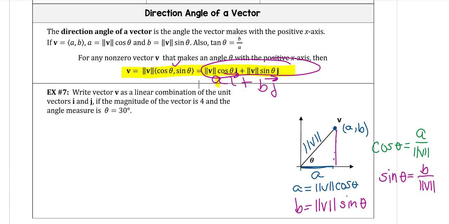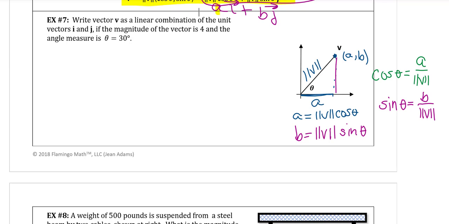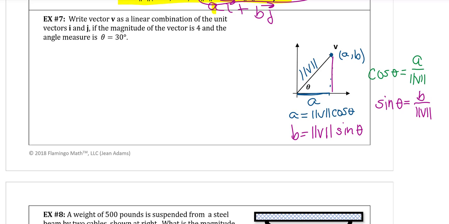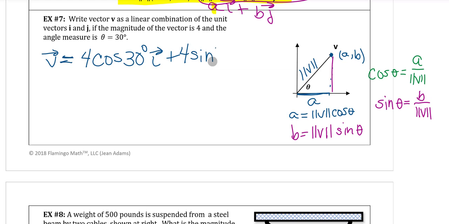All right, so example 7: we are to write the vector v as a linear combination of the unit vectors i and j if the magnitude of the vector is 4 and the angle measure is 30 degrees. So we have enough to write it as a linear combination. v is going to equal 4, the magnitude, times the cosine of 30 degrees, i, plus the magnitude 4 times the sine of 30 degrees, j.